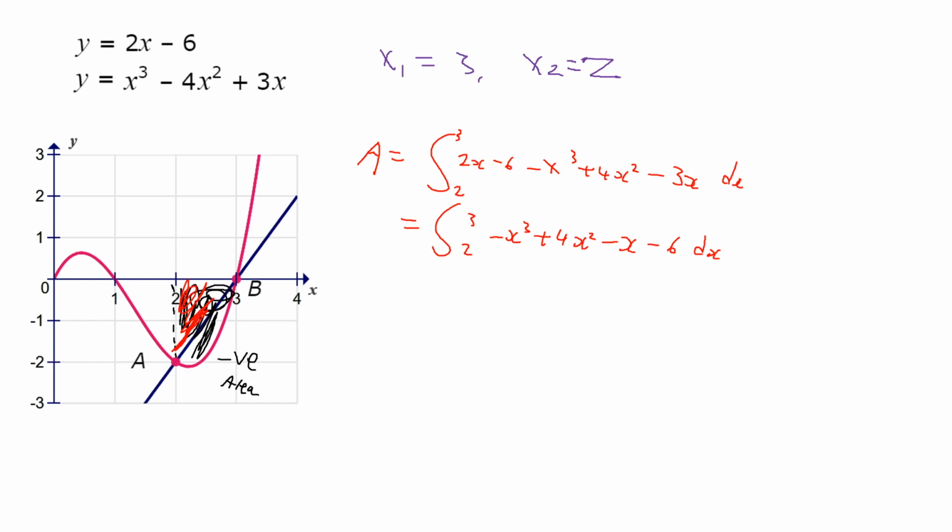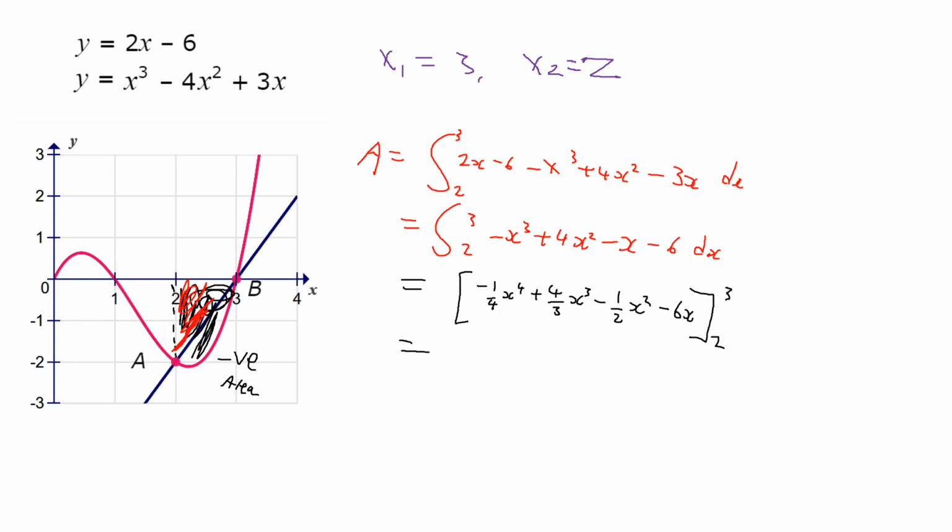Right, now let's carry out the integration. When we carry out the integration, we get minus a quarter x to the 4 plus 4/3 x cubed minus half x squared minus 6x, and this is all under 3 to 2.